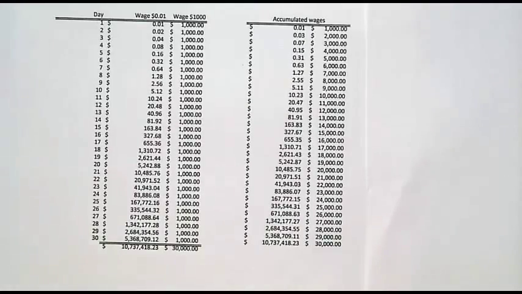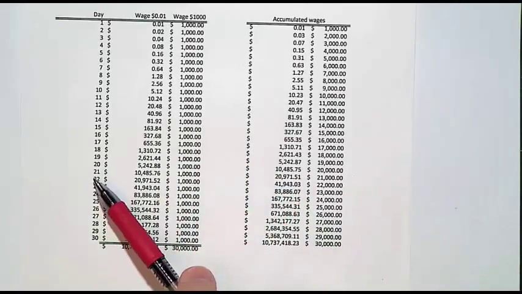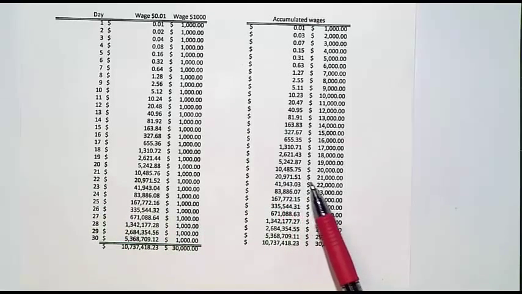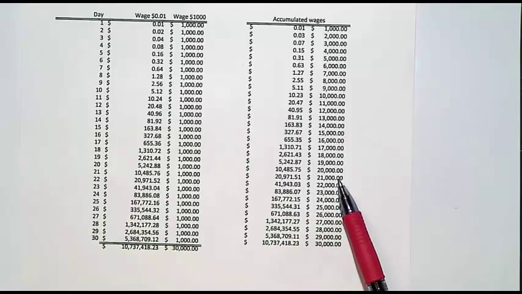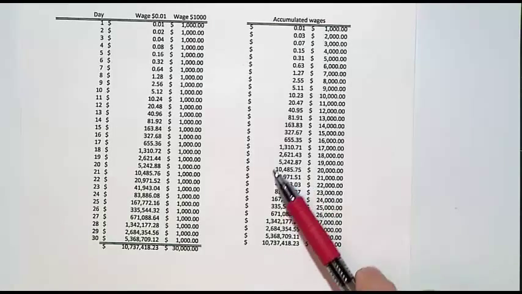The accumulated wages look like this, and so it took until just about the 21st day before the penny a day person finally almost caught up with the $1,000 a day person. Then, of course, thereafter, it's all about the penny.